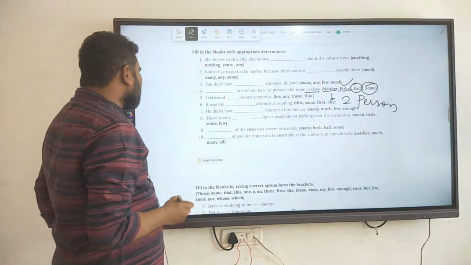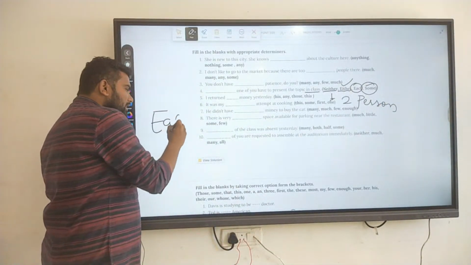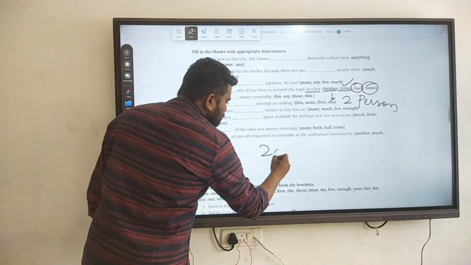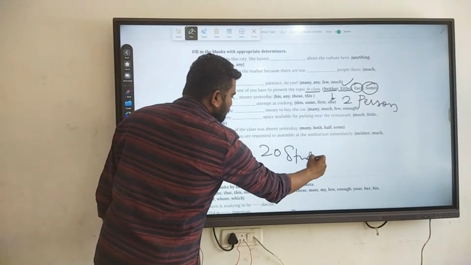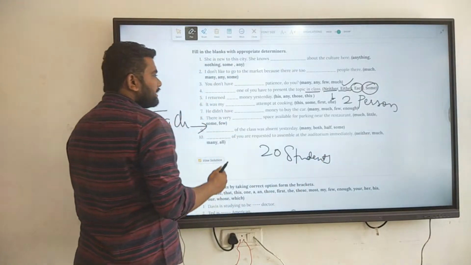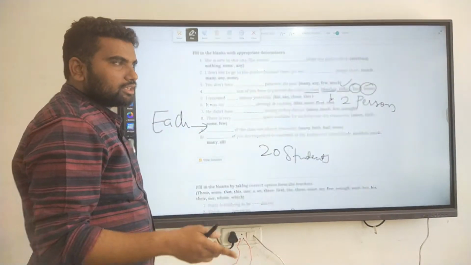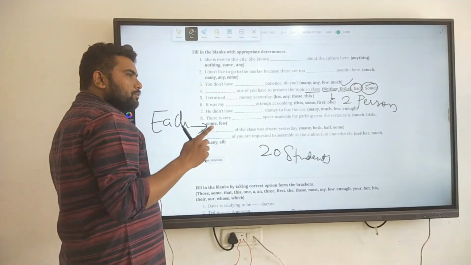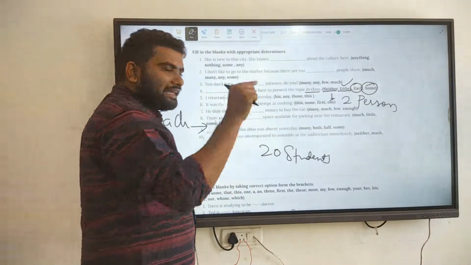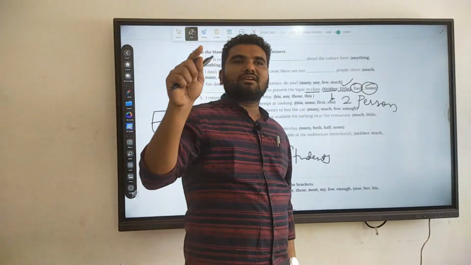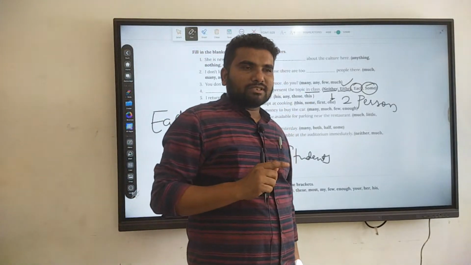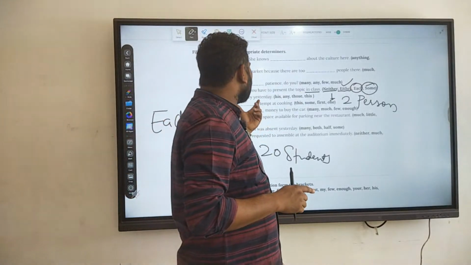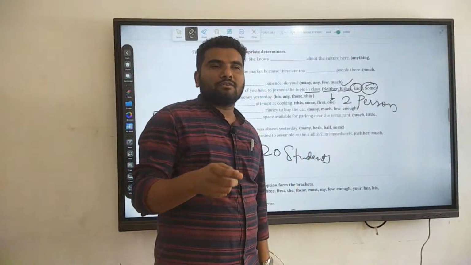See, each is like, listen carefully. Assume there are 20 students in the class. How many students are there? 20 students in the class. And the teacher is giving you information that every one of you, every means what? Every individual present in the class. So you cannot use some one of you, no. Each one of you. Why each one of you?